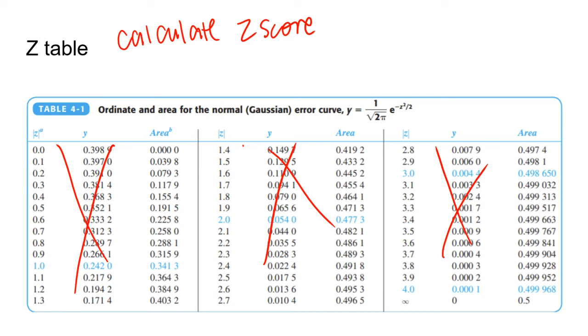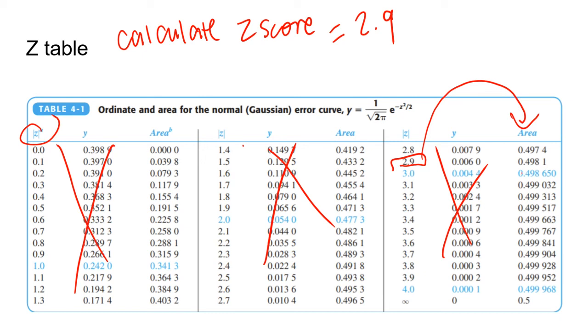So after you calculate your z-score, it's going to give you a value, for example, 2.9. Then you look into the Z category and look at 2.9. And after you find 2.9, you go into area.